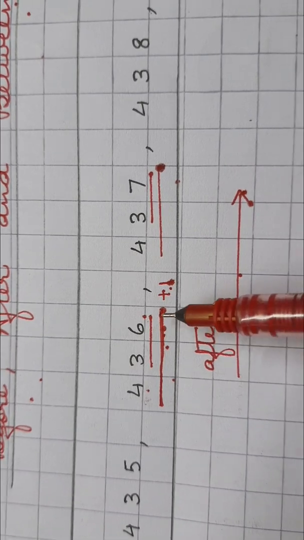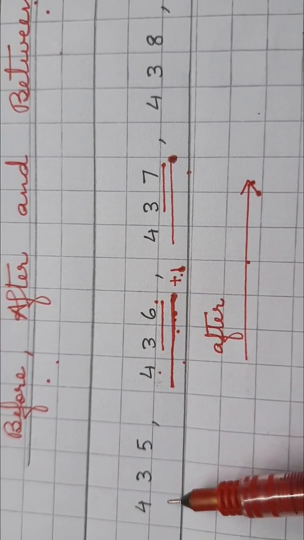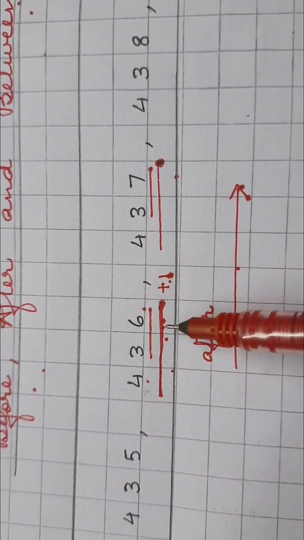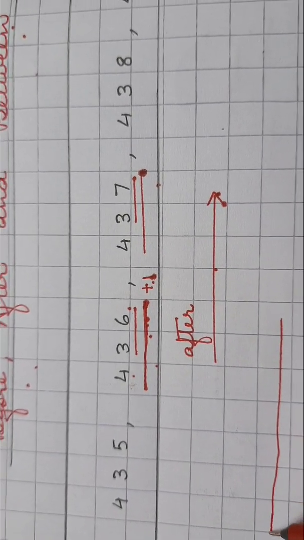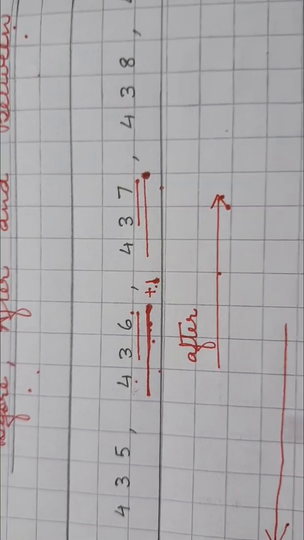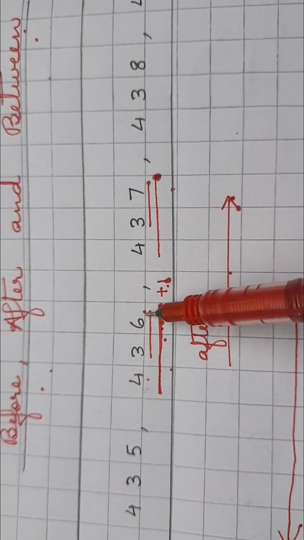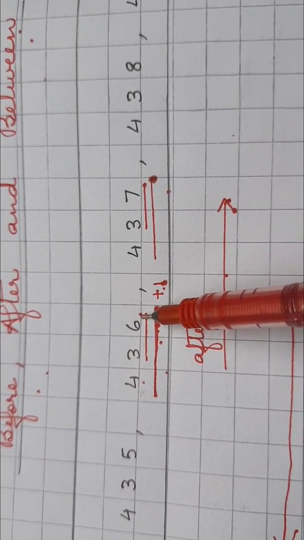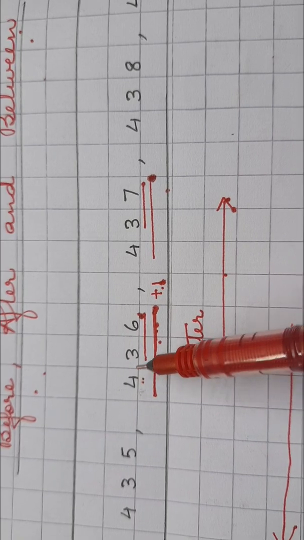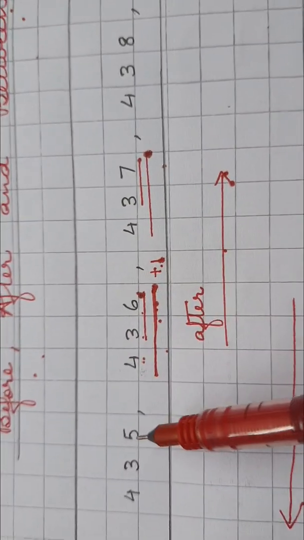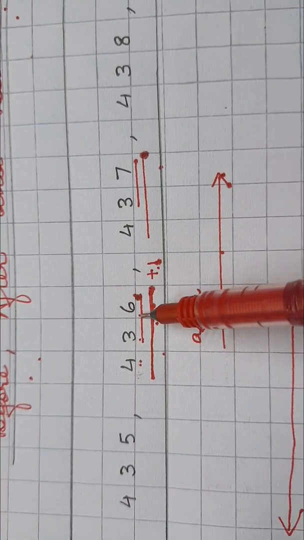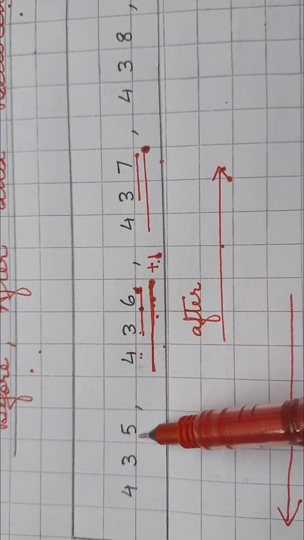Now if we have to find out which number comes before 436, then what do we have to do? We have to move backward. Read it carefully, 436, and when we move backward, before 36 comes 35.